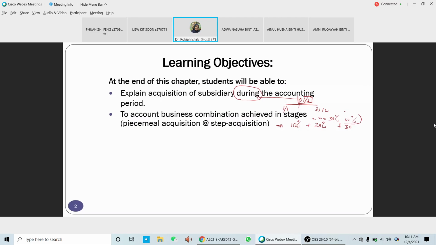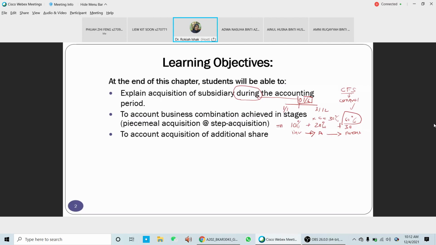Once you have more than 50%, you have control, and then you need to prepare consolidated financial statements. So we look at step acquisition: start with a normal investment, then maybe associate, and then it becomes a parent. That is a piecemeal or step acquisition.